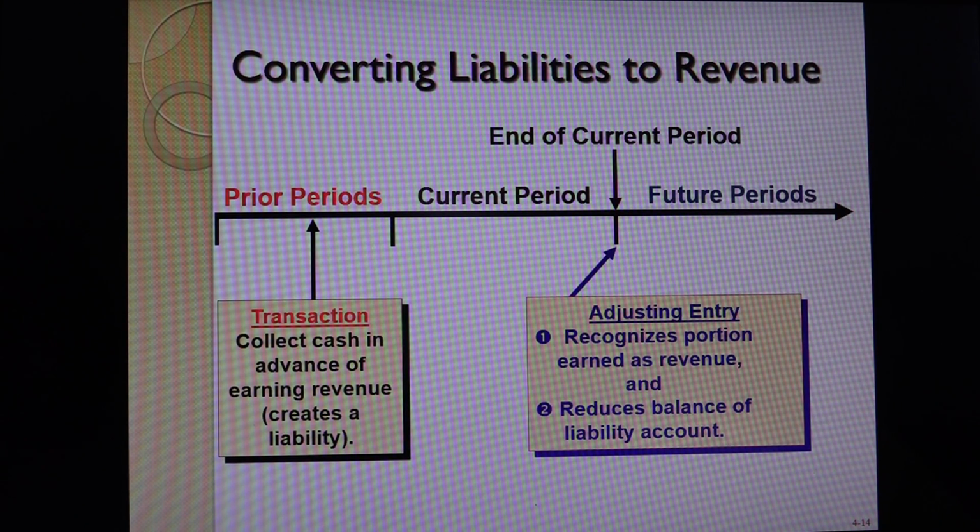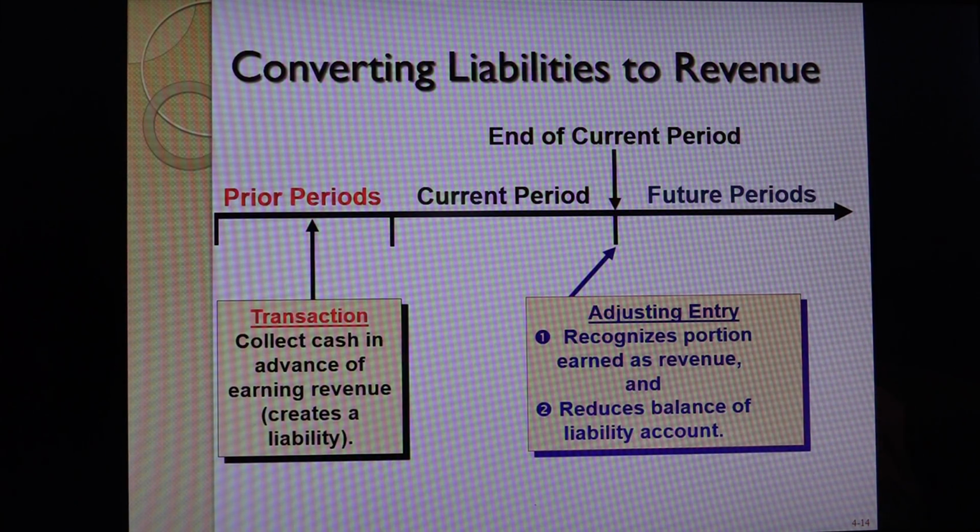You have to do an adjusting entry for either all or a portion of the revenue that you've earned that reduces this liability account. The liability account will be known as prepaid revenue or something like that. Unearned revenue is a popular term for an account like that.